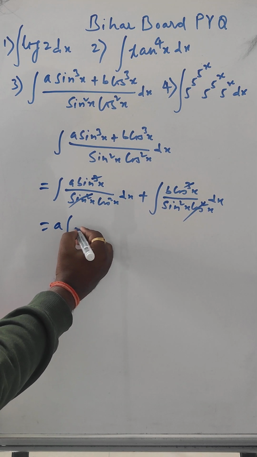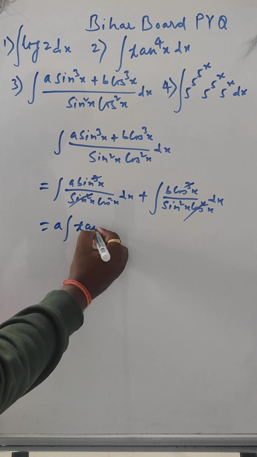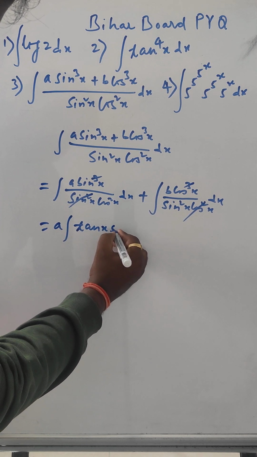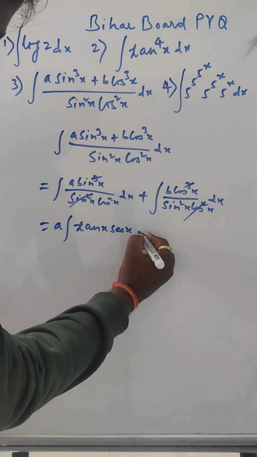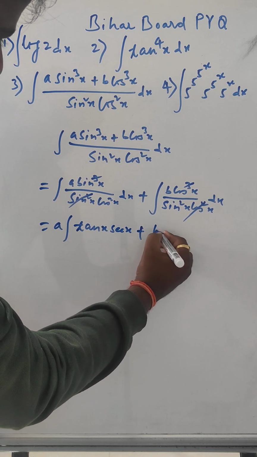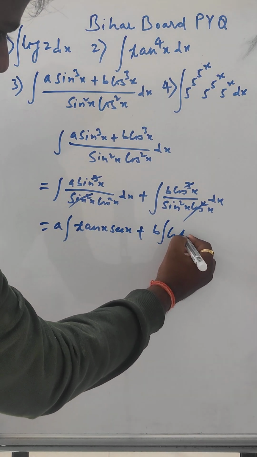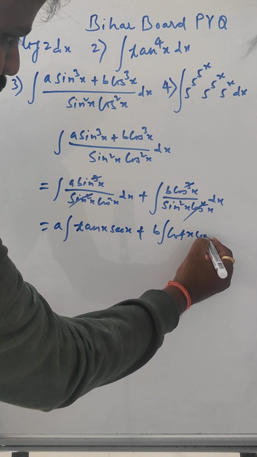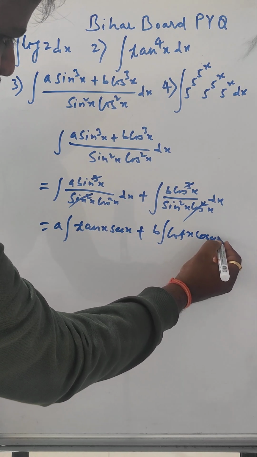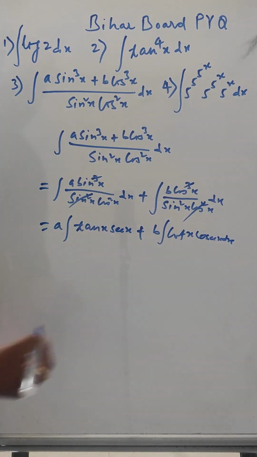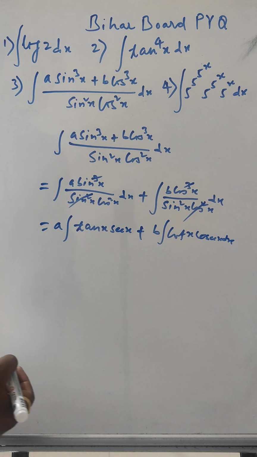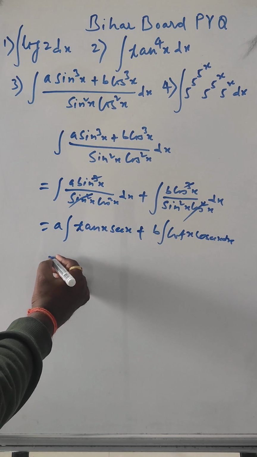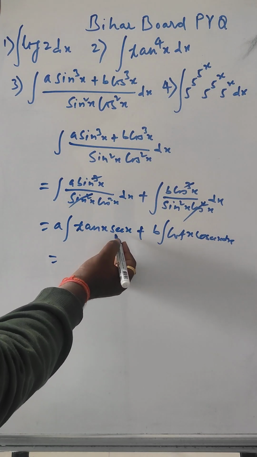So this is tan x sec x plus b cot x cosec x dx. Now this is the sec x integration, right?